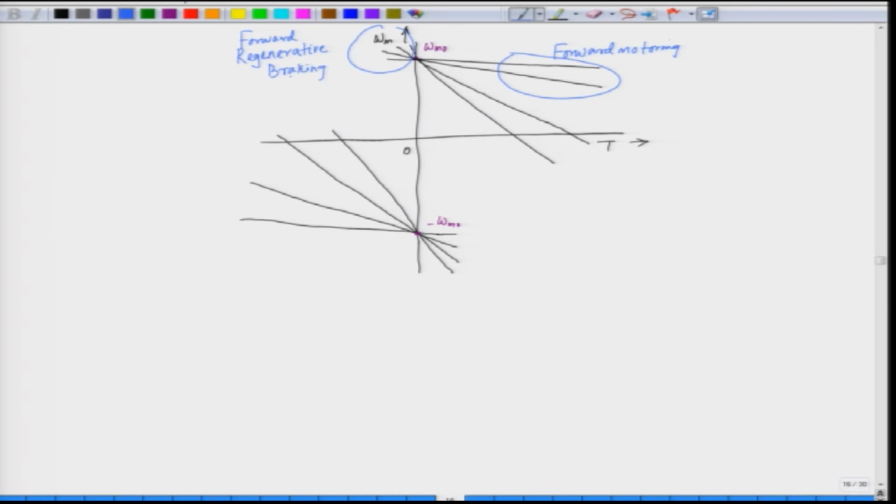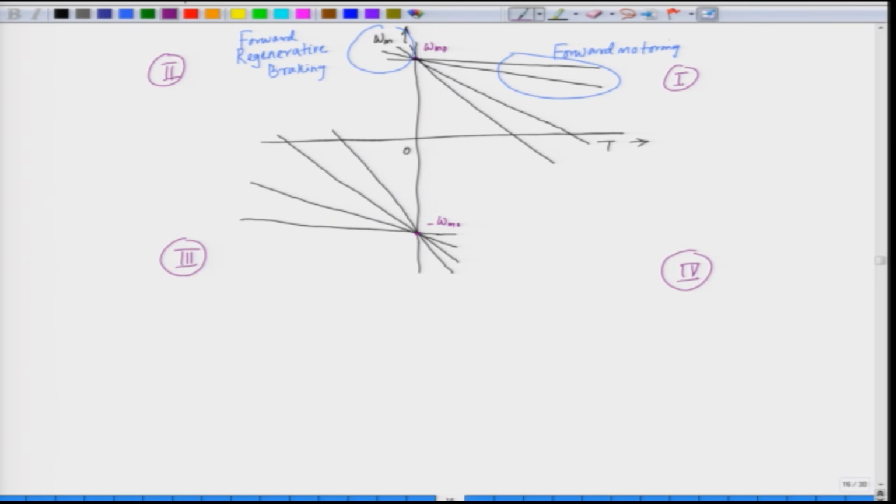This is in the second quadrant. So, this is quadrant 1, this is quadrant 2, and we have the third quadrant and the fourth quadrant. In quadrant 2 we go for braking. So, this is forward regenerative braking, which means the energy is fed back to the supply. Here the power is negative.